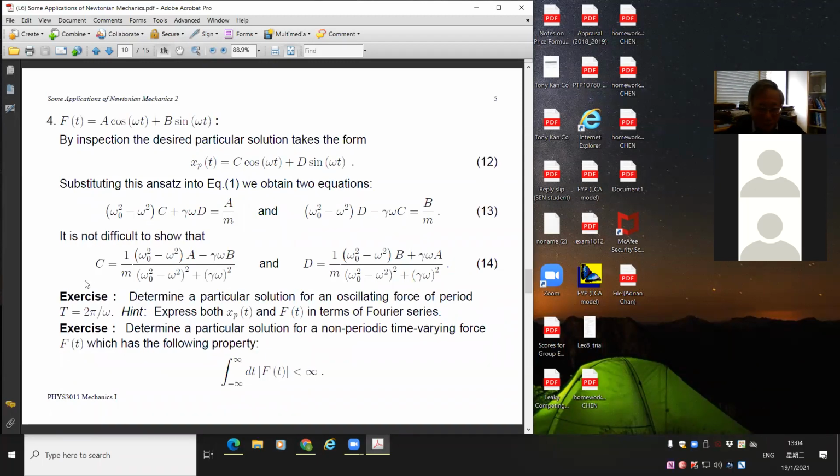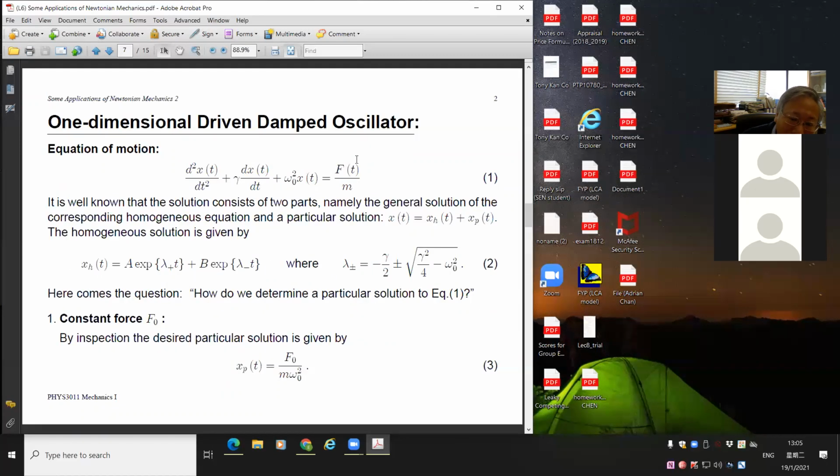Now, however, if you are really interested in getting the exact particular solution for this kind of sinusoidal driving force, what can we do? The trial solution must be a linear combination of the cosine and sine functions, cosine omega t and sine omega t. Why? Take a look. If f(t) is a cosine omega t, then x(t), in order to cancel the driving force, must be a function of cosine omega t, right?